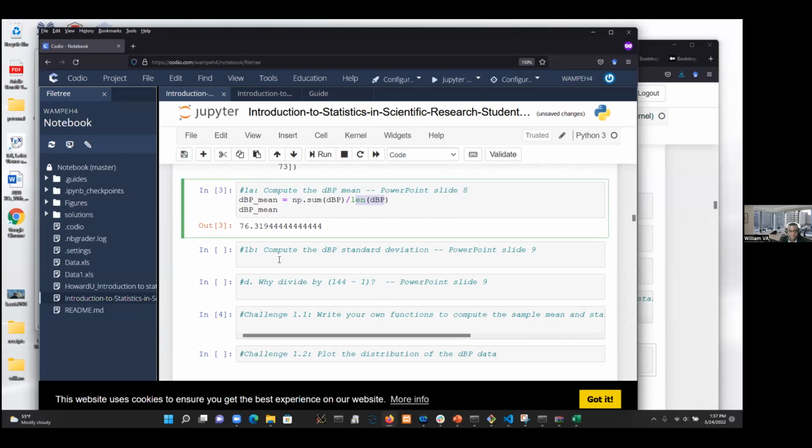And for the standard deviation, you do the same thing: just look at the formula and write it out. Sigma is this np.sum. The mean you've already computed, subtract it from each one of these and square.